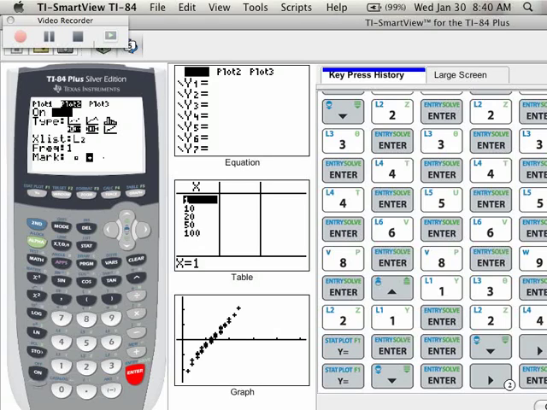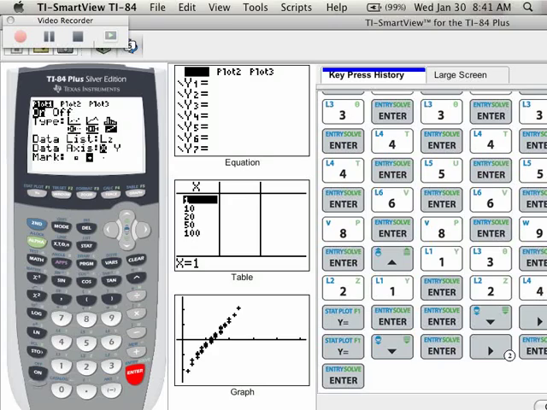Then I go back into my stat plots, and since I have all my data in list number 2, I indicate that by going second, 2. Down below on the screen at the very bottom, you can see that my graph looks kind of logarithmic actually. It's not linear.